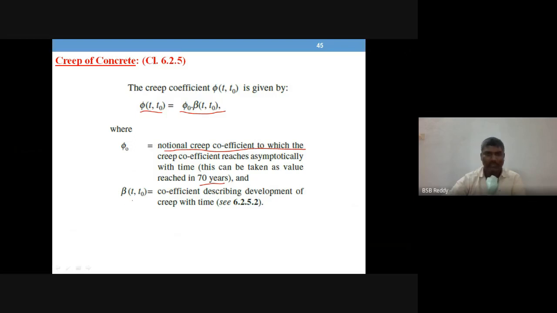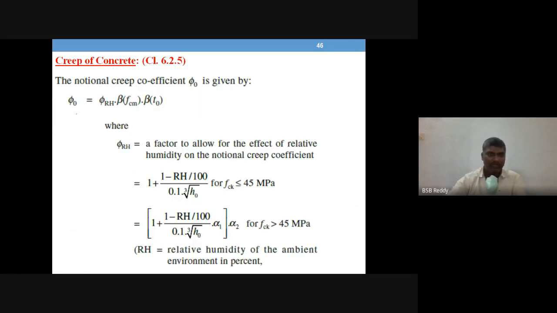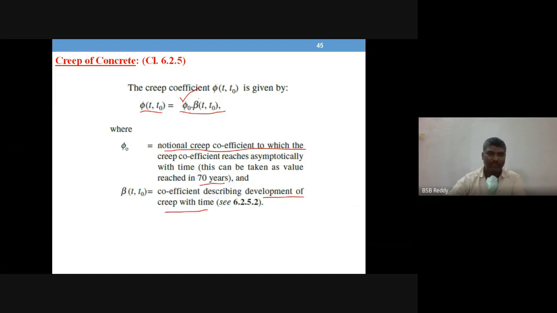Beta is the coefficient describing development of creep with time. So if you want the creep coefficient after some days, you have to multiply the ultimate creep coefficient value with a time factor. To estimate phi naught and beta, there is a tabular form available that you can use, or else you have formulas to estimate both phi naught and beta.